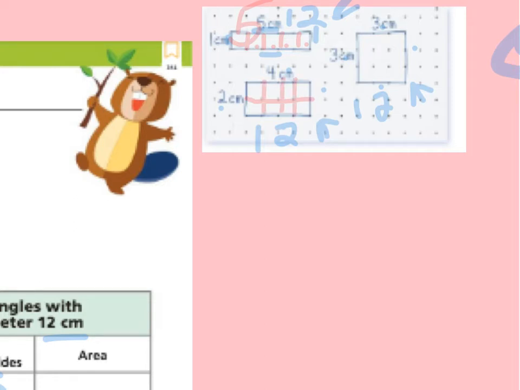This would have an area of 2, 4, 6, 8 square centimeters. And this one would have an area of 9 square centimeters. So although they all have a perimeter of 12, they all have different areas, so the amount of space on the inside: 5, 8, and 9.